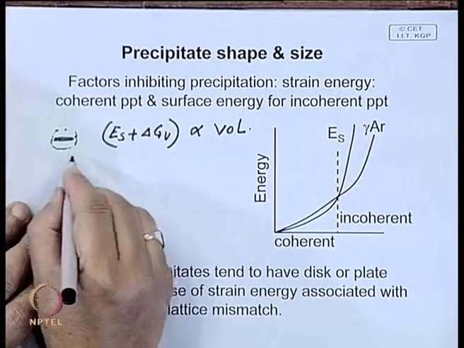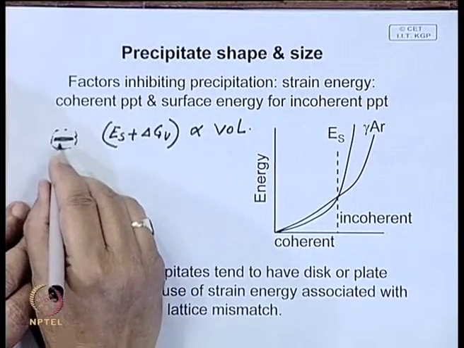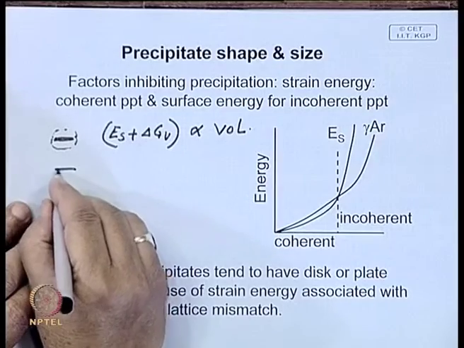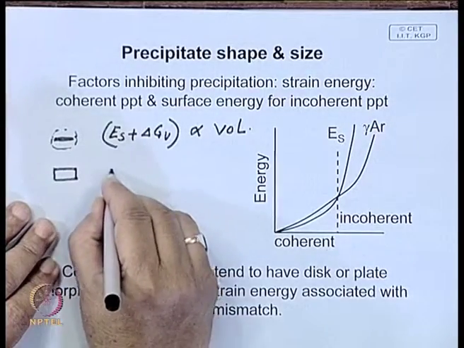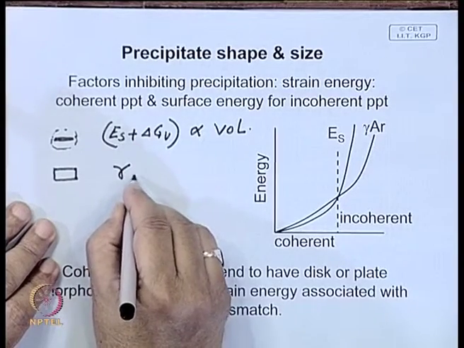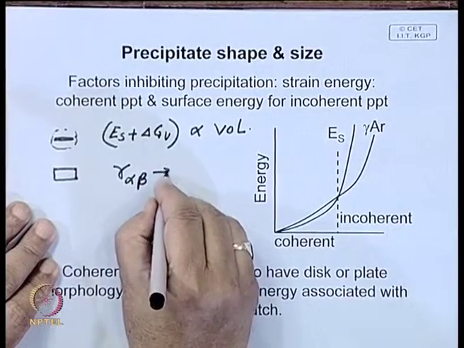And secondly, the opposing factor is that whenever an incoherent precipitate forms, it has a high gamma, the interfacial energy, this is high.